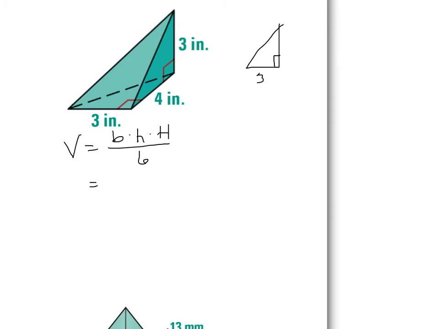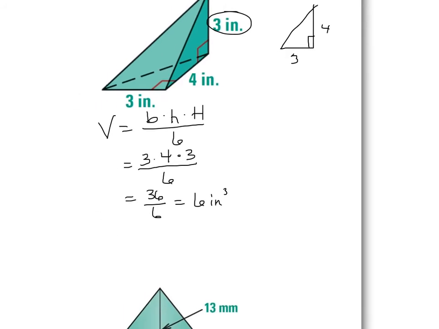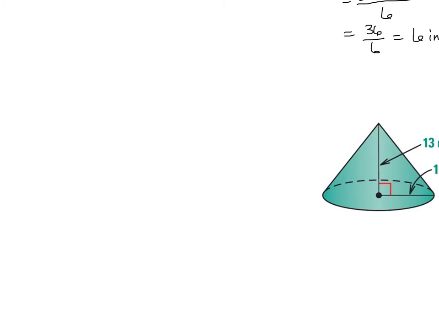So you've got 3 and 4, so the base is 3. The height of the triangle is 4. The height of the pyramid is this 3 right here. And we're going to divide that by 6, which gives me on top 36 divided by 6, which is, in this case, 6 inches cubed. 6 inches cubed for the volume of the triangular pyramid.